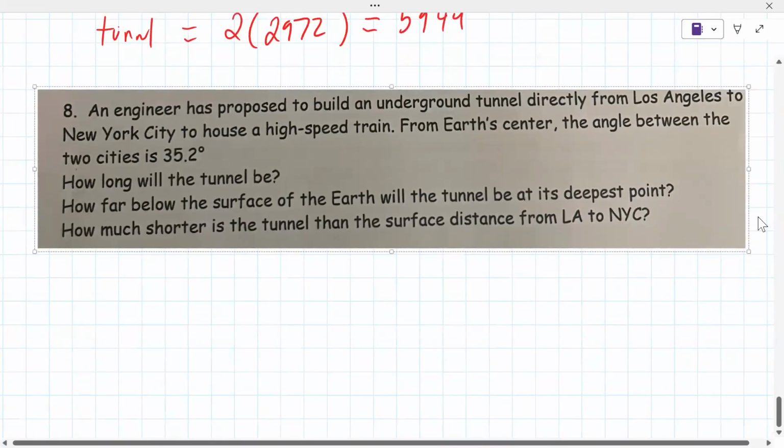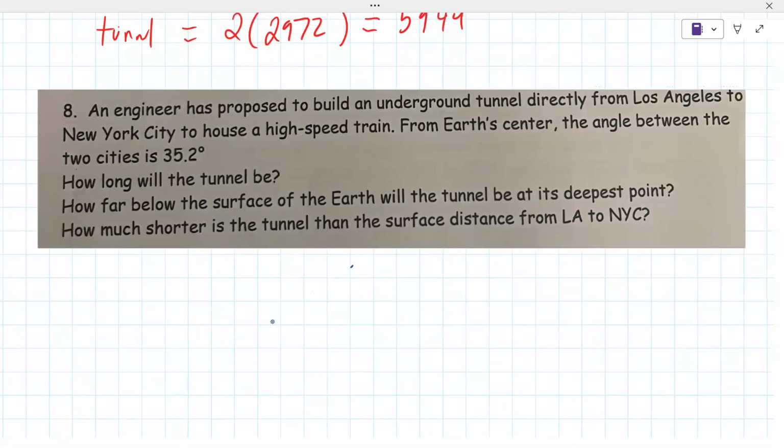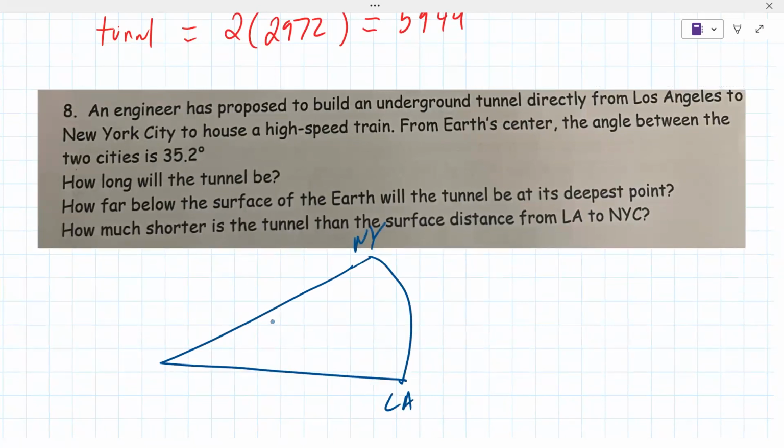From the Earth's center, the angle between the two cities is 35.2 degrees. You can keep it really simple on this one. There's New York, there's LA, there's an angle of 35.2. The radius is 3963. So you can just calculate S.